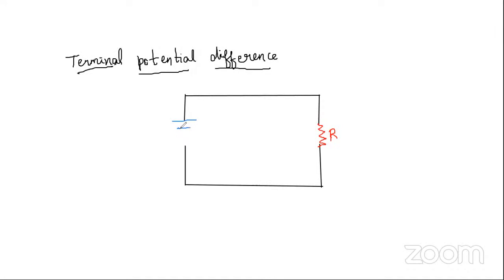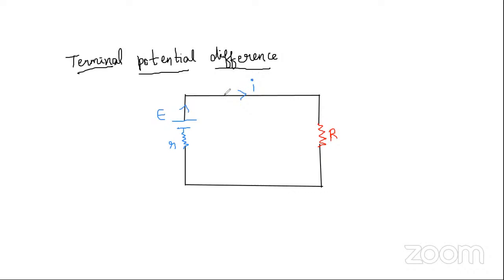Inside the cell there is an internal resistance, so this is small r. The cell can supply an EMF E, and since it is the positive potential here, the current flows in this direction, I.